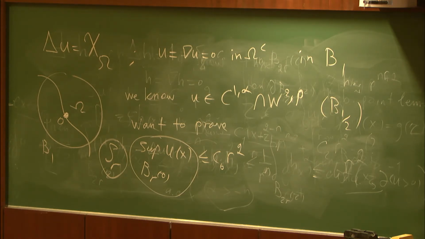Okay? So the picture is like this. This is Rj. Here you get the value j times Rj squared. If you're here, for any R, the value is below j times R squared. So you're below this.